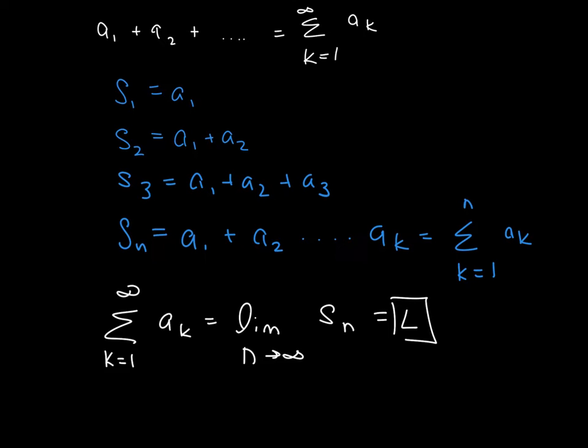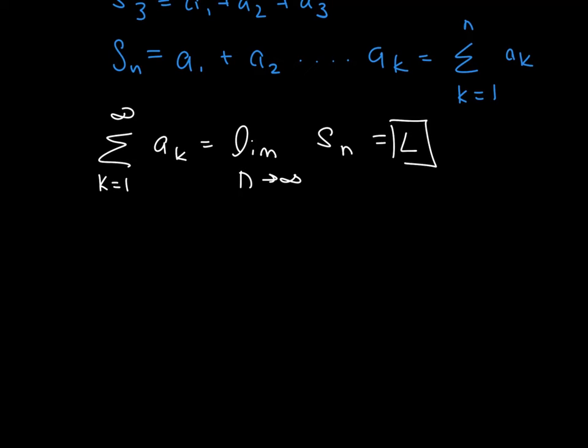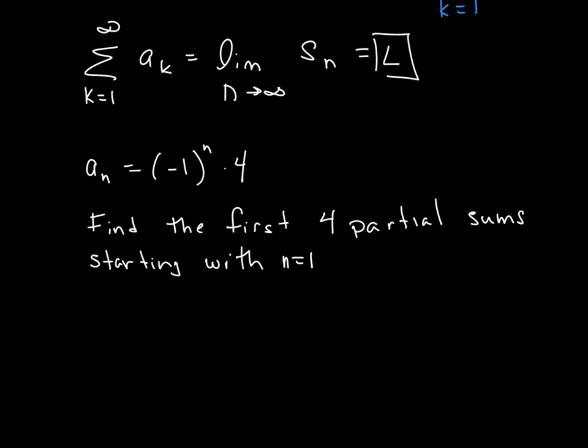Now, this can be useful as we're looking at questions that look like this. If I have a_n equal to negative 1 to the n times 4, before we go through and find the partial sums, we need to find the first 4 terms. And again, we're using 4 because that's how far up we want to go.